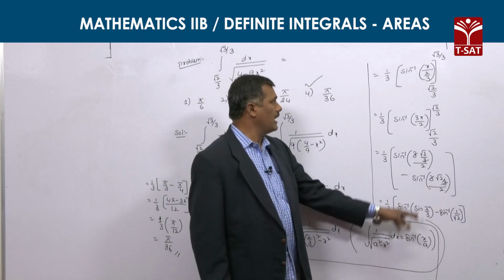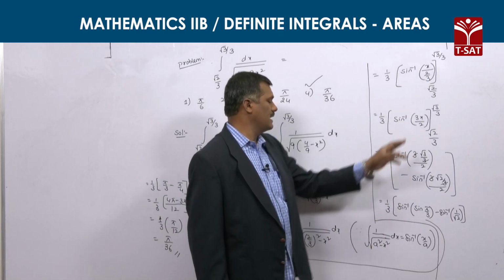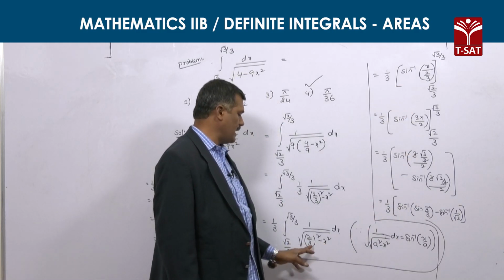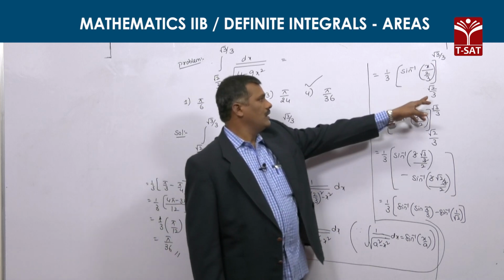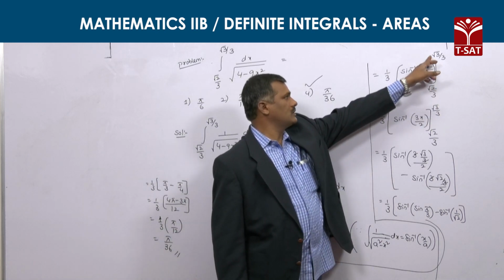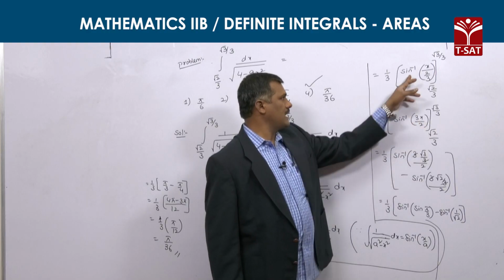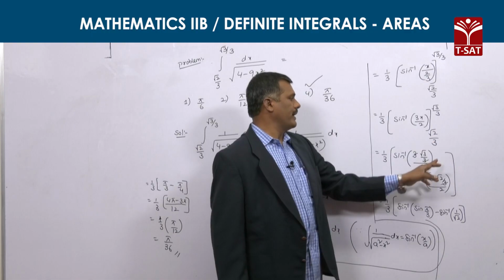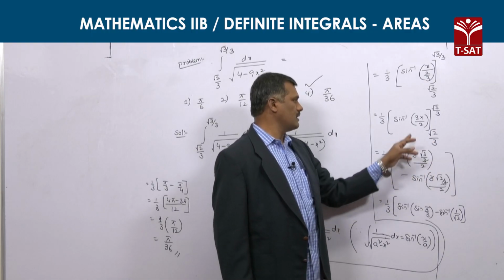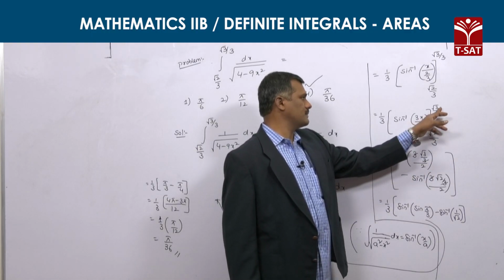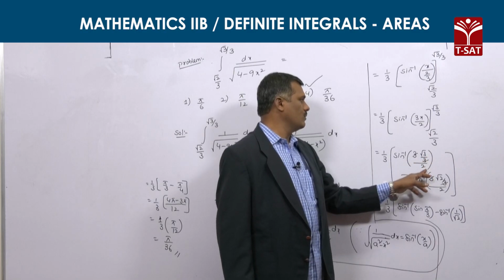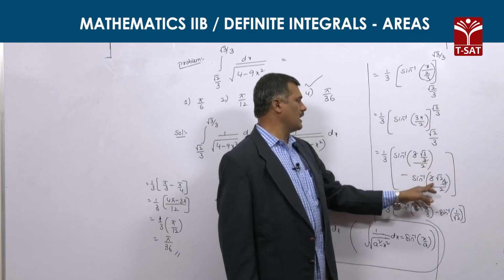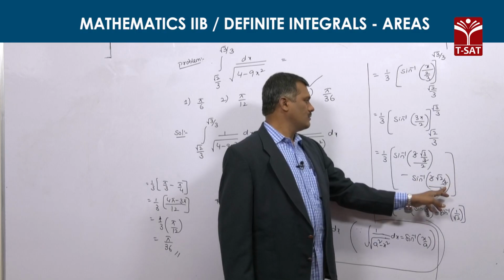Now applying this formula, 1 by 3 into sin inverse of x by a, here a is 2 by 3, with limits root 2 by 3 to root 3 by 3. Simplification: sin inverse of 3x by 2. 1 by 3 sin inverse of 3 into the upper limit by 2, minus sin inverse of 3 into the lower limit root 2 by 3 by 2.